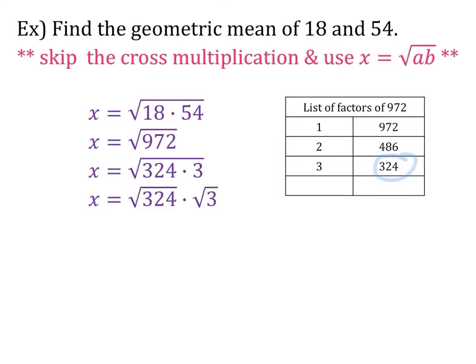So you end up with the combination of 324 and 3 under the radical, separated into two separate radicals. So you get square root of 324 times the square root of 3. And square root of 324 is a perfect square, which results in 18 square root of 3 for our value of x. So our geometric mean of 18 and 54 is 18 square root of 3.